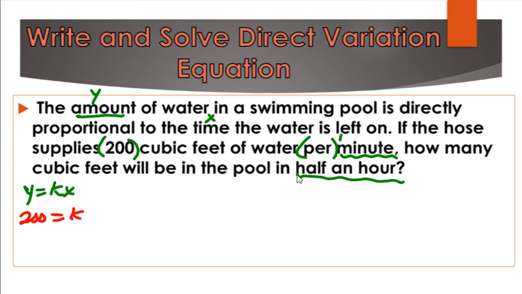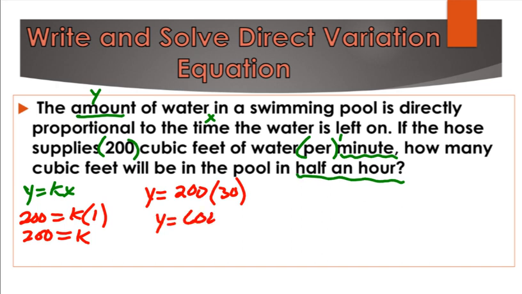We need to find our constant when our x is 1. Well, 1 times k is k, so k would have to be your 200. If I plug that back in here for my constant, what does y equal when the constant 200 is multiplied by my x? Half an hour is 30 minutes. 200 times 30 would give us 6,000. This would be 6,000 cubic feet.